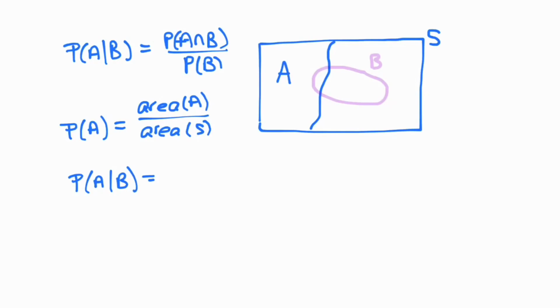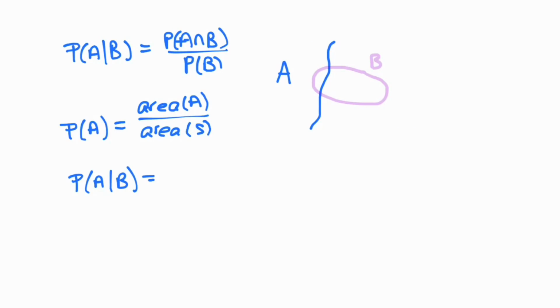If we know that B has occurred, then we know that the sample space is no longer S. It is actually B. And the probability of A given B is just this part, right? So it's the area of the shaded part, which is A and B, divided by the area of B.